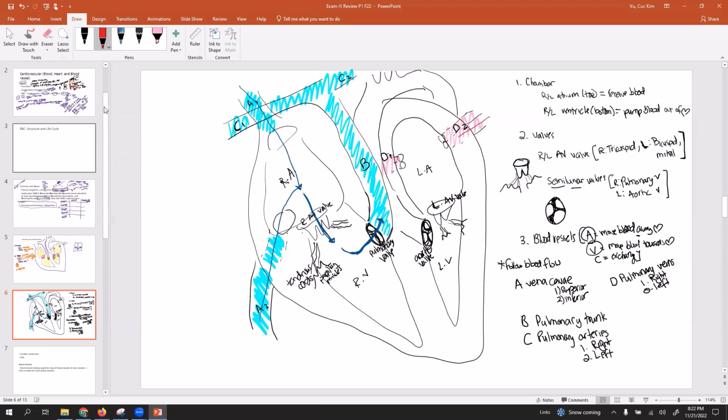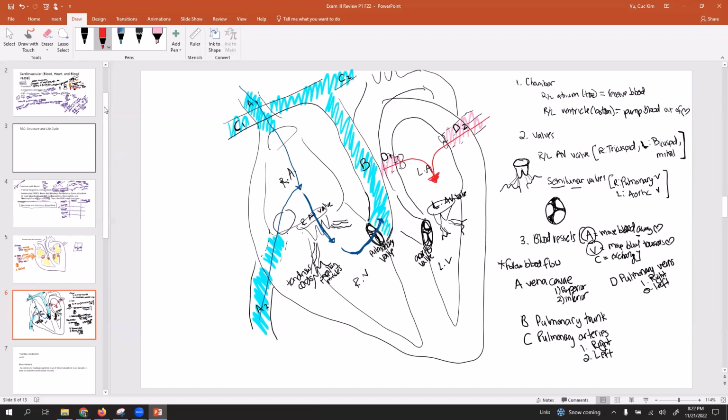So it's going to go from the lungs through the pulmonary veins into what chamber? Left atrium.